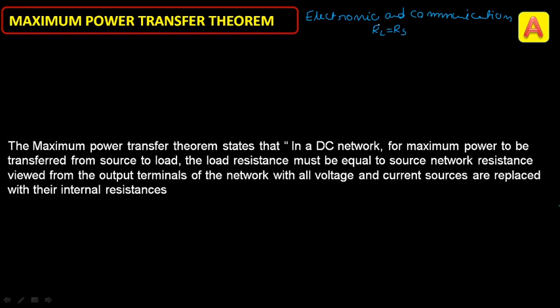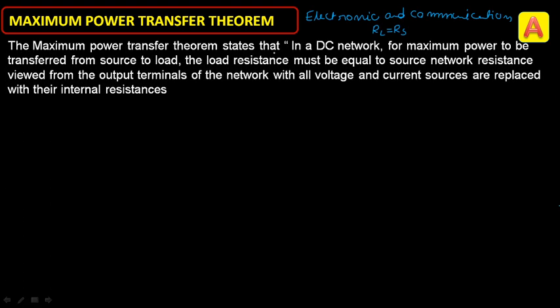This maximum power transfer is possible only when the load resistance is equal to the source resistance. This is the statement of the maximum power transfer theorem.